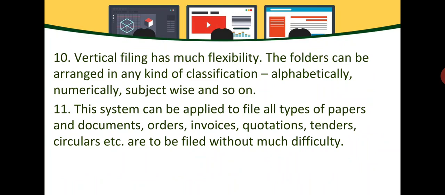Then after, 11th advantage is this system can be applied to file all types of papers and documents: orders, invoices, quotations, tenders, circulars, etc. are to be filed without much difficulty. So, the organization is in a position to record or store each and every type of transaction, data, and papers in a proper manner with proper filing systems.